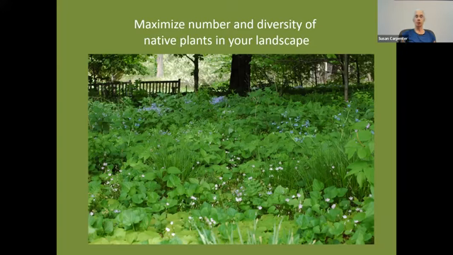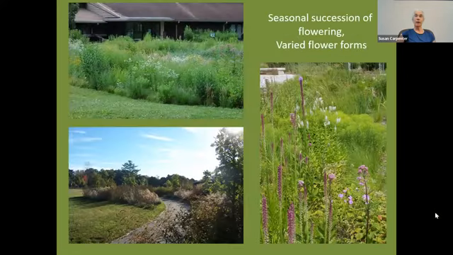But this garden that I'm showing you here has basswood trees in it, and they are in the canopy. And of course, basswood is an excellent pollinator tree, and it's just about to come into bloom now in late June. You want to have a succession of flowering throughout the season. So you want to have plants in bloom in your garden, preferably more than one species at any given time.